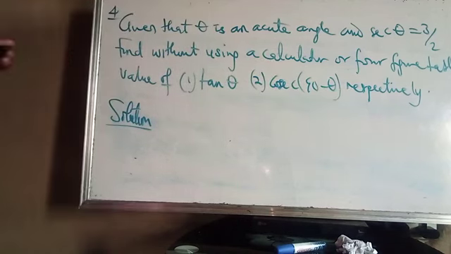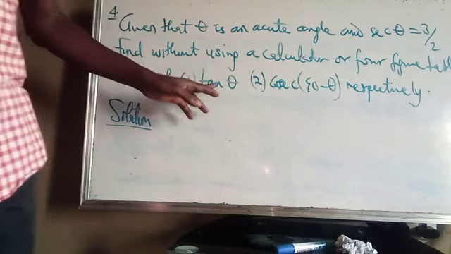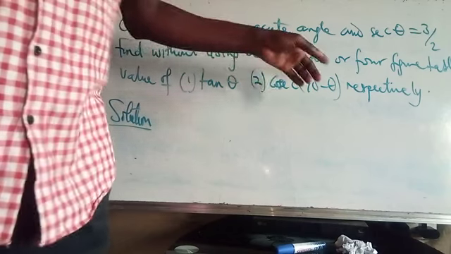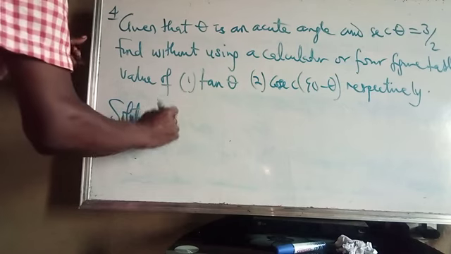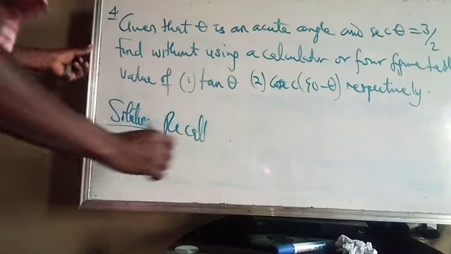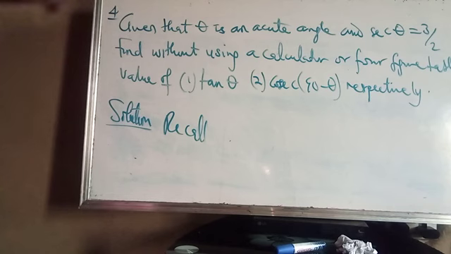Now, the very first thing we need to do for us to be able to get tan theta is to interpret tan theta with respect to sec theta. If you are able to do that, it will be easier for us.